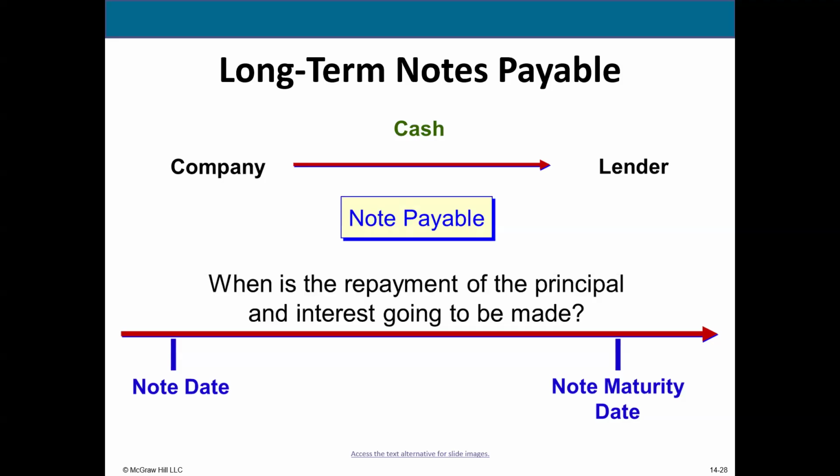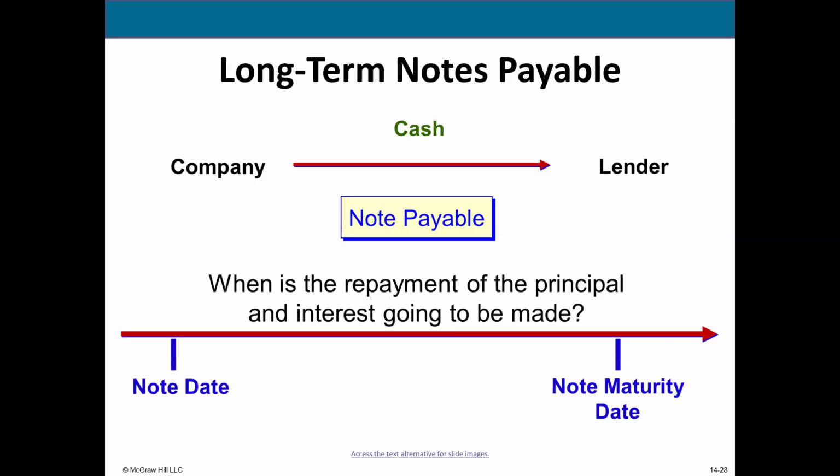The difference between a bank loan and a bond is that with a bank loan, we're repaying a portion of the face value plus interest over the life of the loan, whereas with a bond, we just pay interest until the bond matures. So that's the difference you need to know.